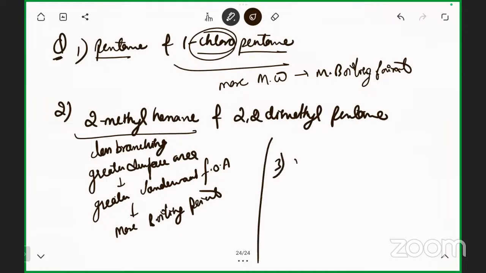Third, CH3Br and CH3I, which has more boiling point?